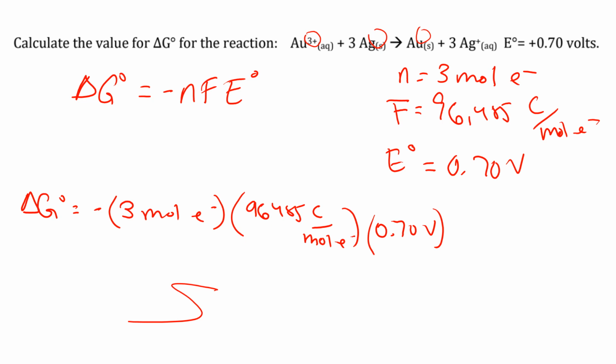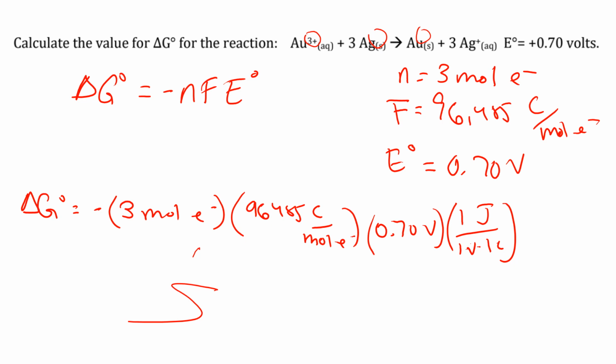However, 1 joule is 1 volt times 1 coulomb, which is how we're going to cancel out our units. It doesn't really tell you what it wants it in, but we'll keep it in joules and convert to kilojoules afterwards.